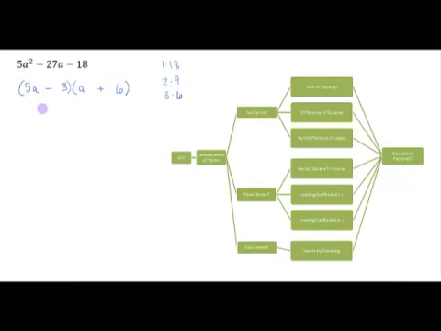Let's check the middle. I have a 30a and a negative 3a makes a 27a, but I need a negative 27a, so I'll make this the positive and this one the negative, and that takes care of my factorization. And are we completely factored? Yes, we have no exponents left in order to have a chance to be factorable.